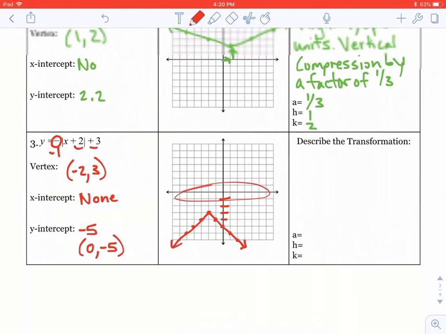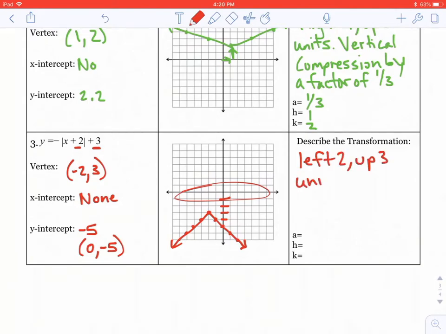And describe the transformation. So it shifted. We can either look at our graph at this point or go back and look at our equation, whichever is easier for you. It shifted left 2 and up 3 units. And then the negative in the front meant that it reflected over the x-axis.